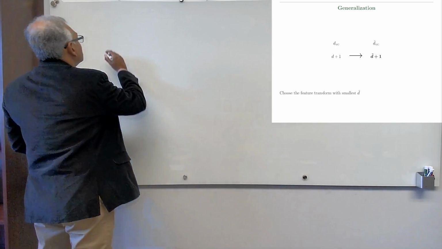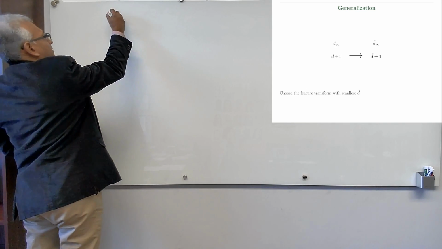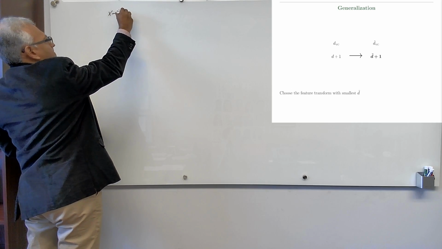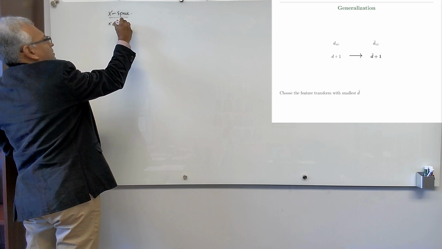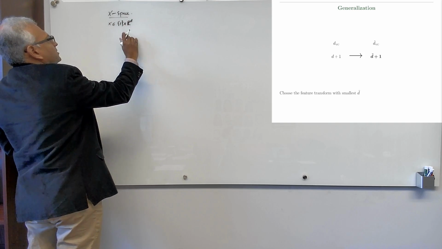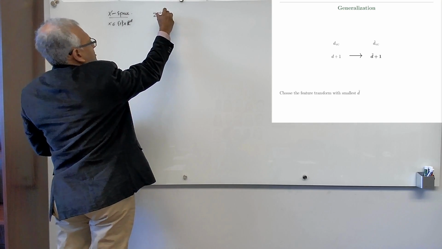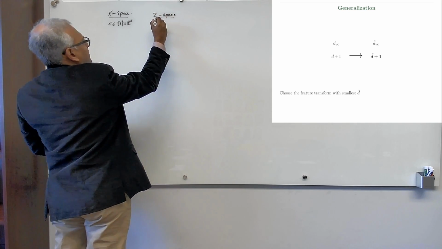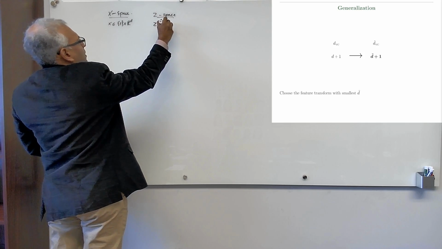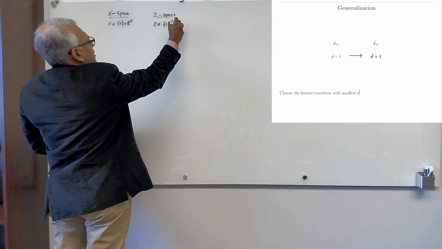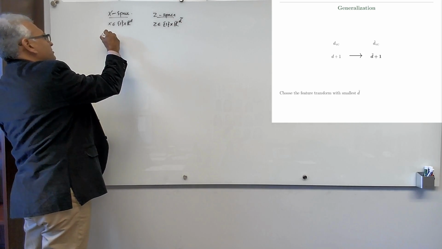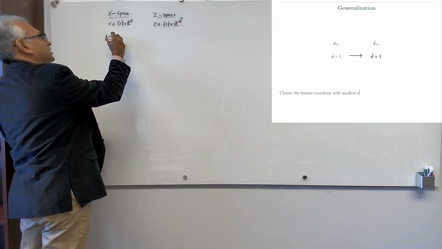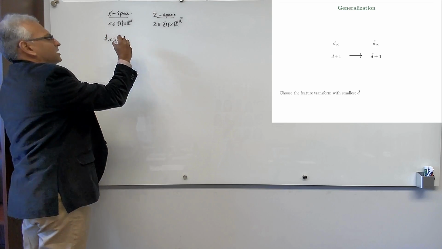So first of all, just to summarize, in your X space, X is in 1 cross R to the D, and in your Z space, Z is in 1 cross R to the D tilde. Now, if you ran a linear model in this space, your VC dimension dVC would be equal to D plus 1, and you proved this.